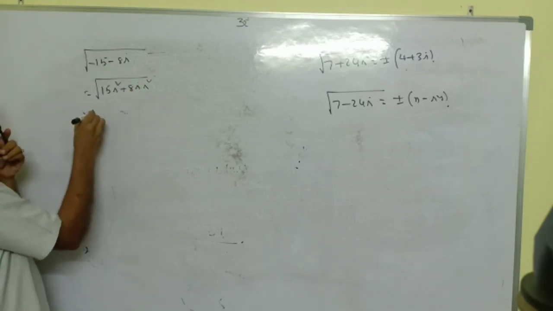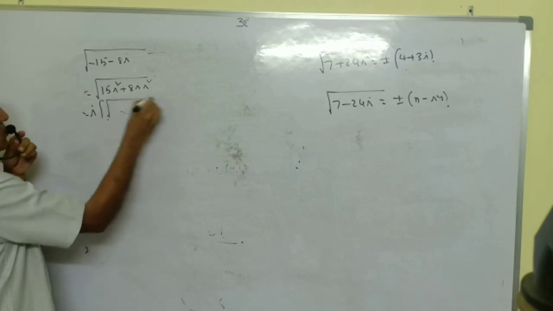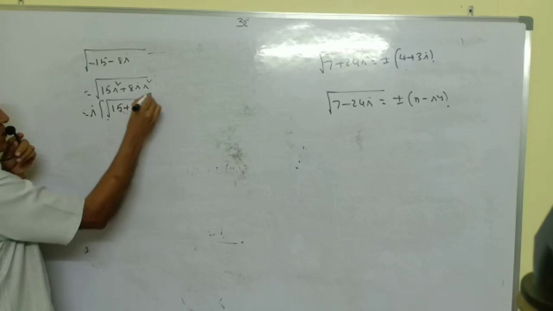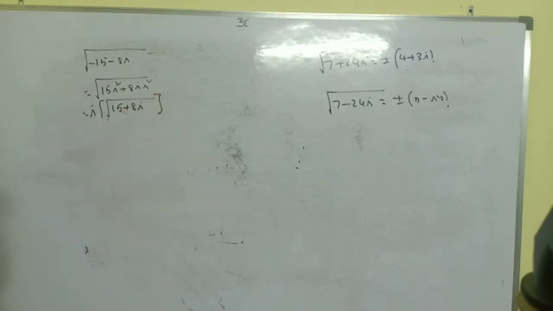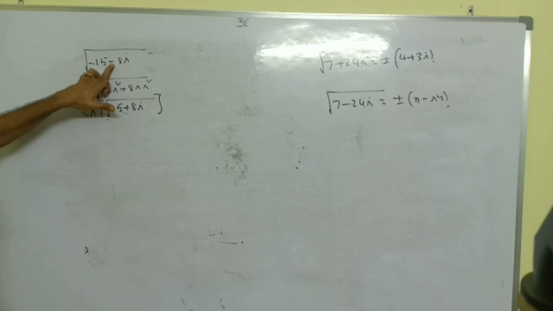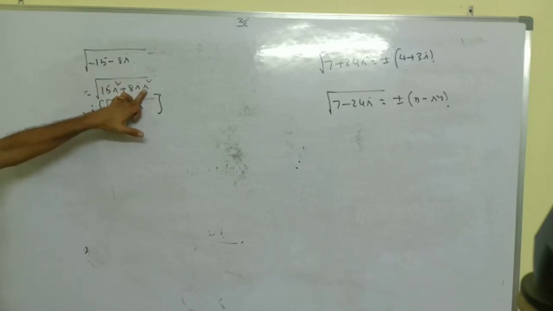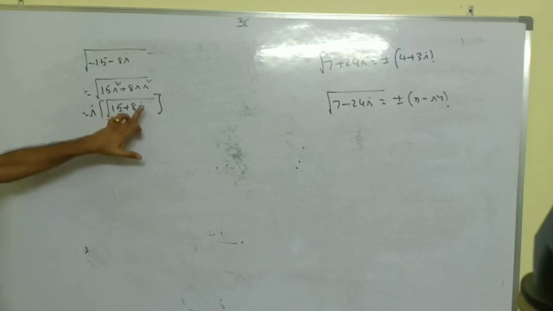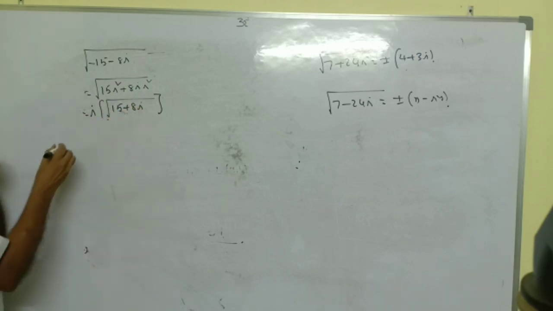I can take out i square common. I into square root of 15 plus 8i. Correct? So if both are negative, you plan like this. This minus sign, you can write i square. I square you take common. Square root of 15 plus 8i you will get.